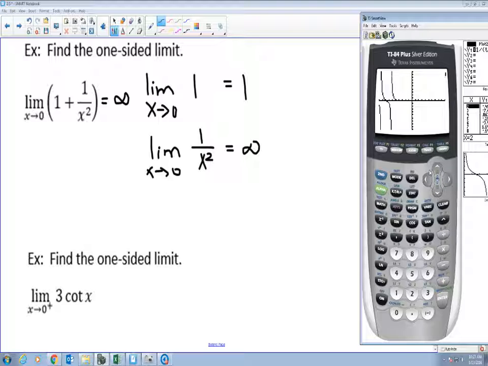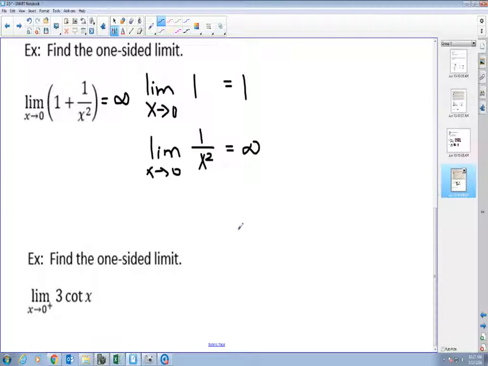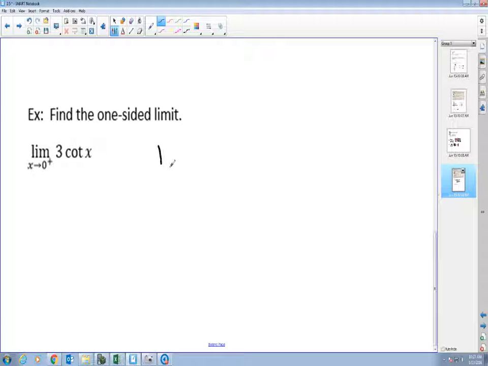Now, as x approaching to 0 from the positive side. X equal to 0 is here. As x approaching to 0 from the positive side, I'm actually increasing without bound here. So I know the limit of my cotangent of x as x approaching to 0 from the positive side increases without bound, so that will be denoted as infinity.